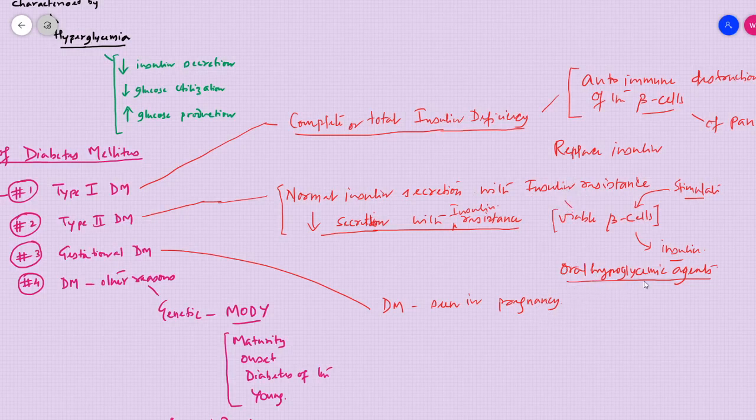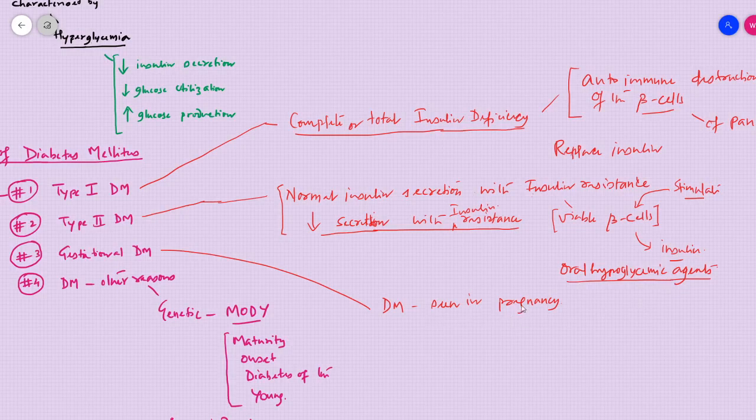But the problem is that there is some evidence showing that oral hypoglycemic agents are teratogenic in pregnancy. So what is teratogenicity? It is the abnormalities in the developing fetus caused by several reasons, and in this case by drugs. So oral hypoglycemic agents can be teratogenic.